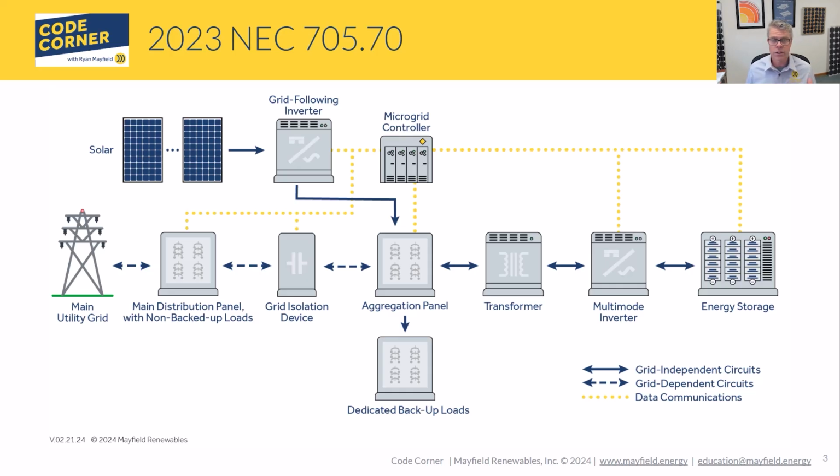We've run across multiple AHJs and multiple utilities that have differing requirements from each other, even sometimes neighboring. One utility requires an isolation device that looks like this and disconnects these conductors, versus a different utility having a different set of requirements.